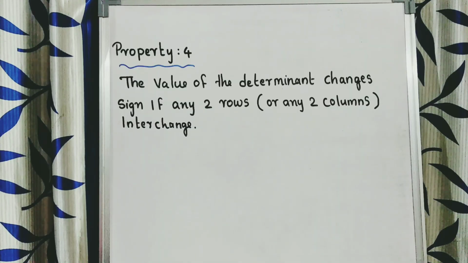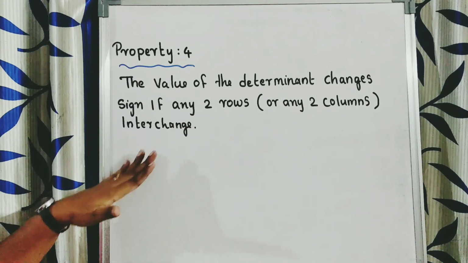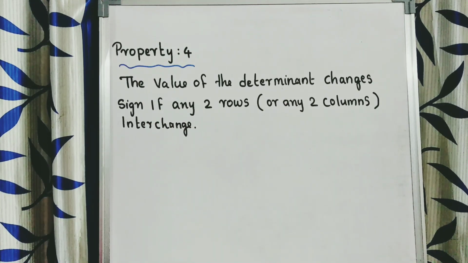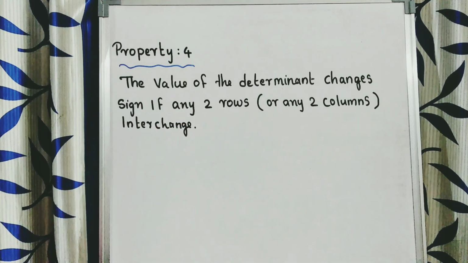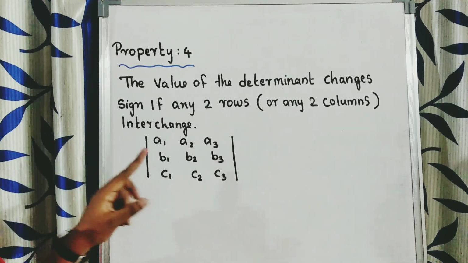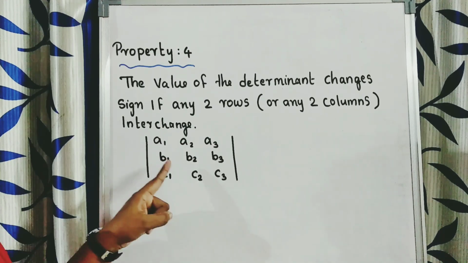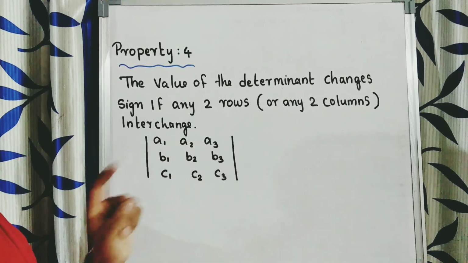Next is the fourth property of determinants. The value of the determinant changes sign if any two rows or any two columns are interchanged. Take the determinant with rows A1, A2, A3; B1, B2, B3; C1, C2, C3.